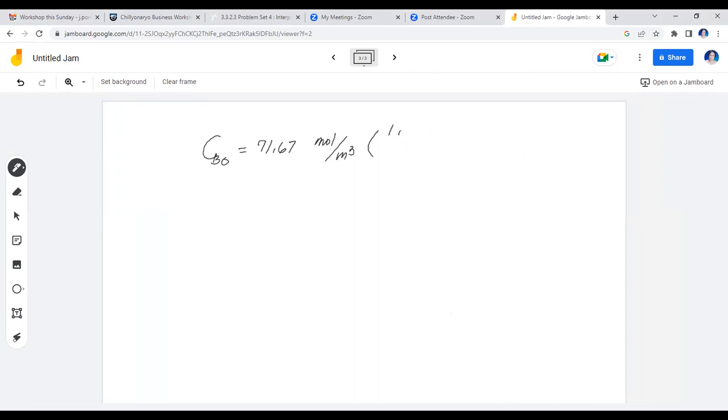So 1 meter is equal to 10 decimeter, so we raise this to 3. Okay. So we'll have 0.07167, right? So this would be divided by 1,000 now. So this would be mole per decimeter cubed. Okay, so we have the CBO now.